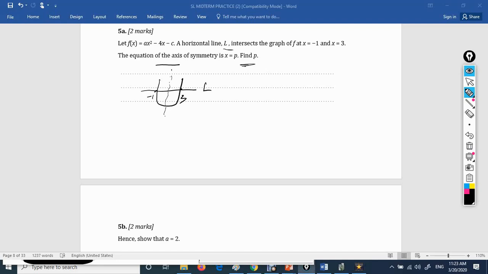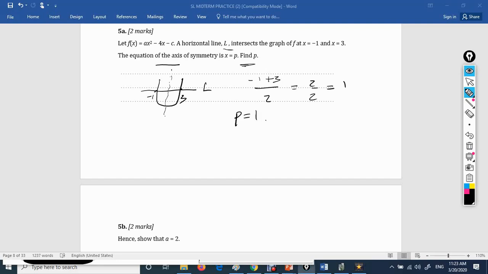So what is the line of symmetry, the axis of symmetry? It has to be the value that is exactly between -1 and 3. So how do we find that? Well, we can find that as an average. So -1 plus 3 divided by 2, that's going to give us 2 over 2, which is 1. So p is equal to 1.